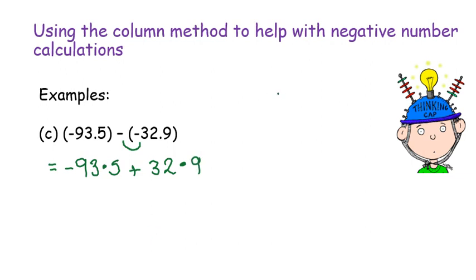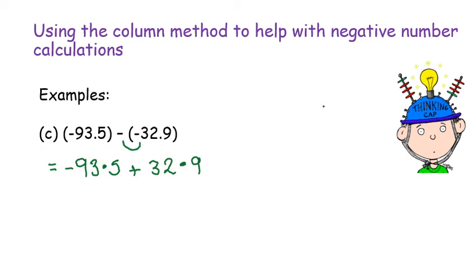Now bear in mind this is slightly different because I've got negative 93.5, and if you think of that as just negative 90, for example, and if you're adding on 30, that is going to get closer to 0. So it's not going to be as negative anymore. Negative 90 plus 30 would be negative 60.